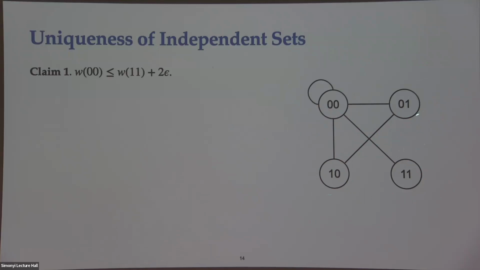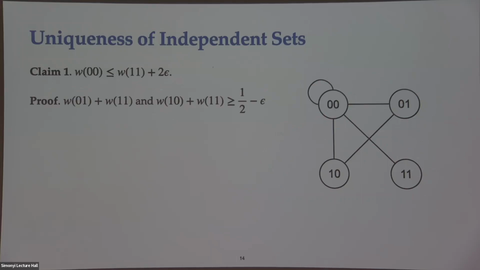Notice that you cannot have any edge between these two, because these two form the second independent set, so there cannot be any edges in between. Actually, this is a tensor product of some two-vertex graph. Anyway, I'll prove this claim in a few lines.